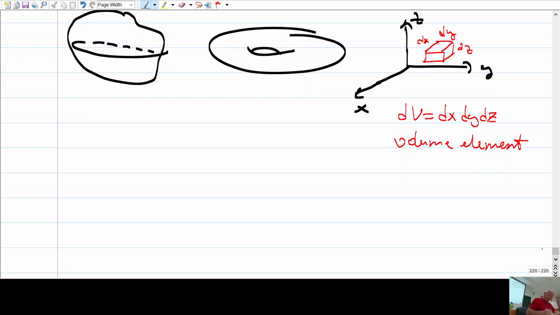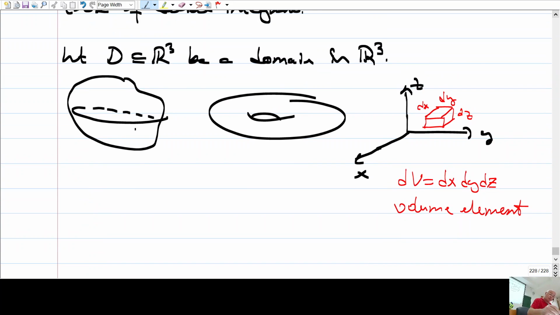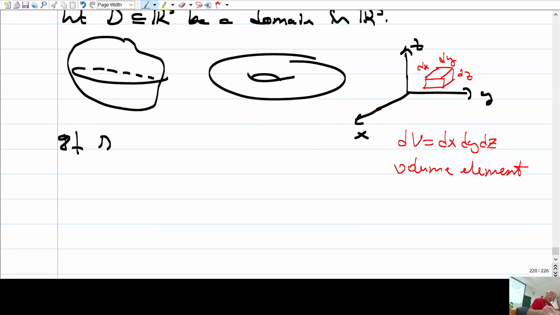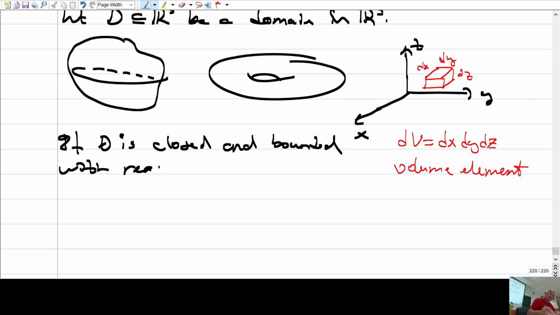For example, if we have a domain, let's say D like this, suppose it is a bounded domain. If D is closed and bounded with reasonable boundary.